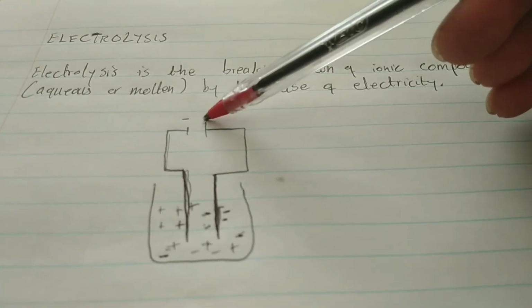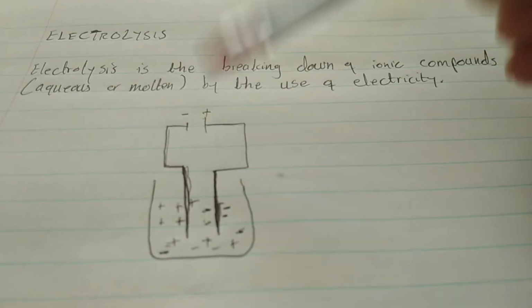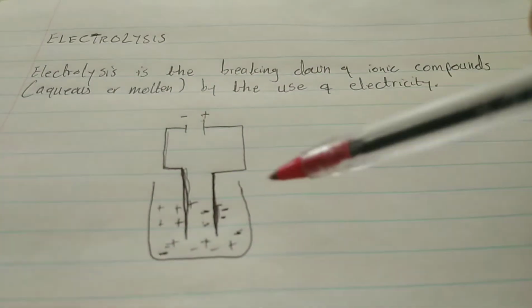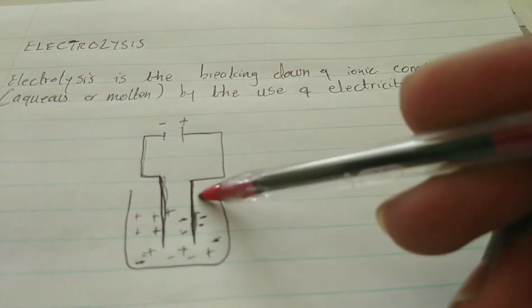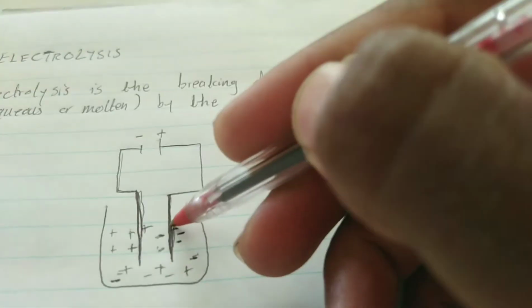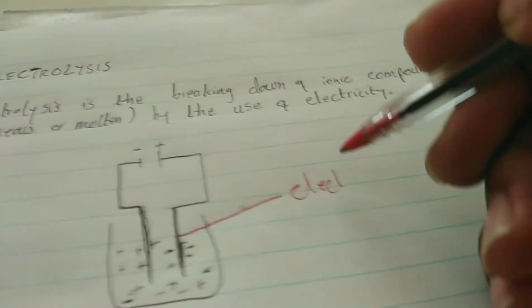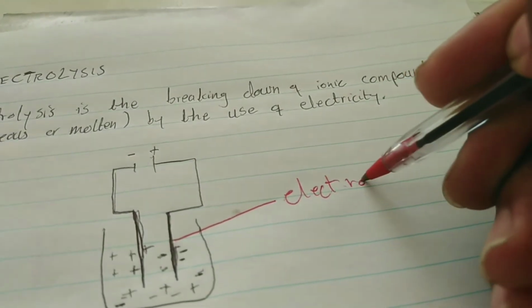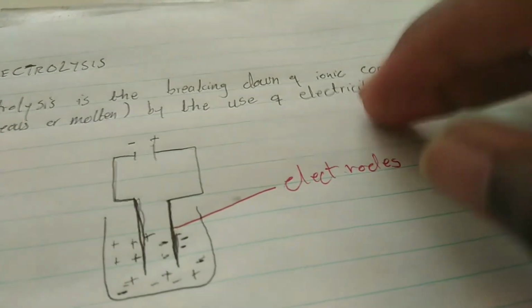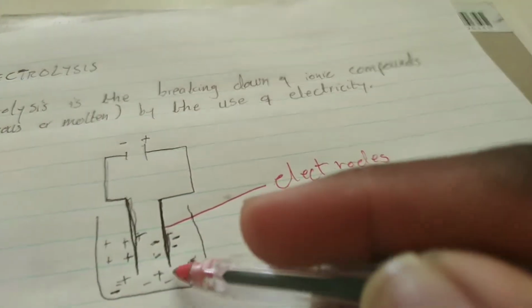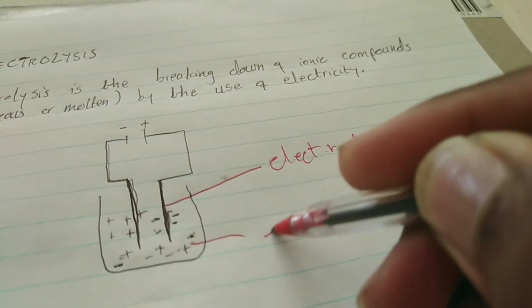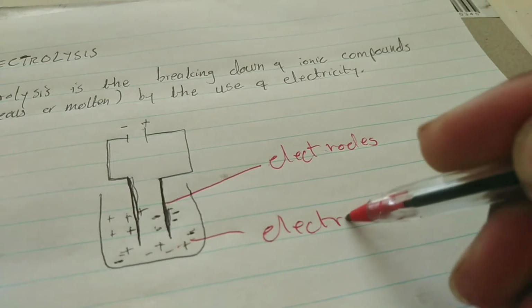You know that the cell is made up of the positive and the negative terminals. These poles that we have here, we call them the electrodes. And the solution that we have here, we call it the electrolyte.